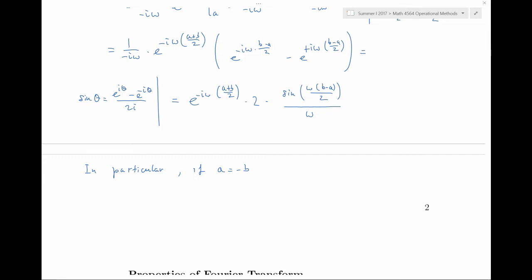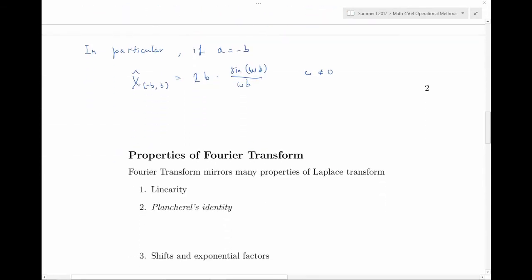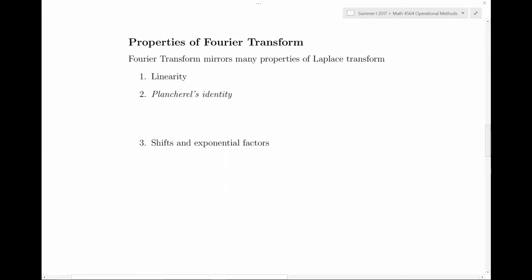So it simply becomes 2b times sine of omega b over omega b. And this is true when omega is not 0. And when omega is 0, we know that this is converging to 1, and therefore it's just going to be 2b.